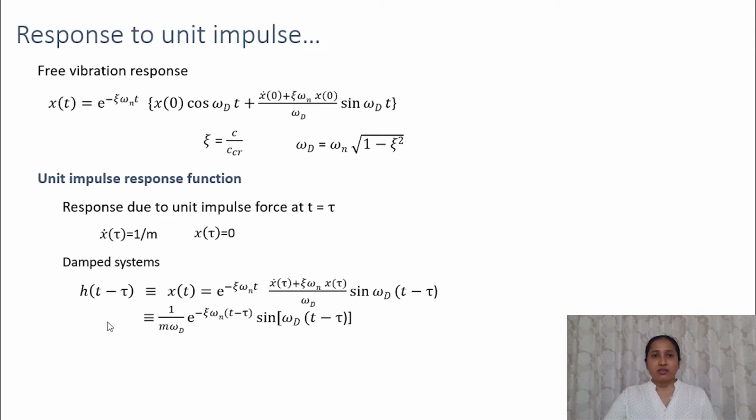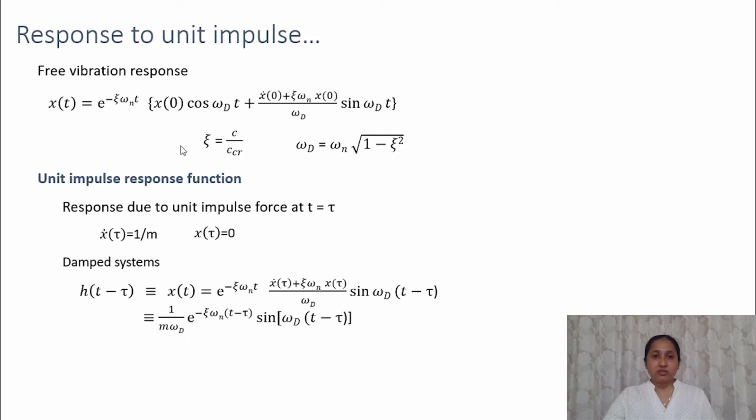So for any damped system, using this expression, we can write the unit impulse response function, that is represented as function h. So h t minus tau, that is the response to unit impulse when a unit impulse is acting at tau.